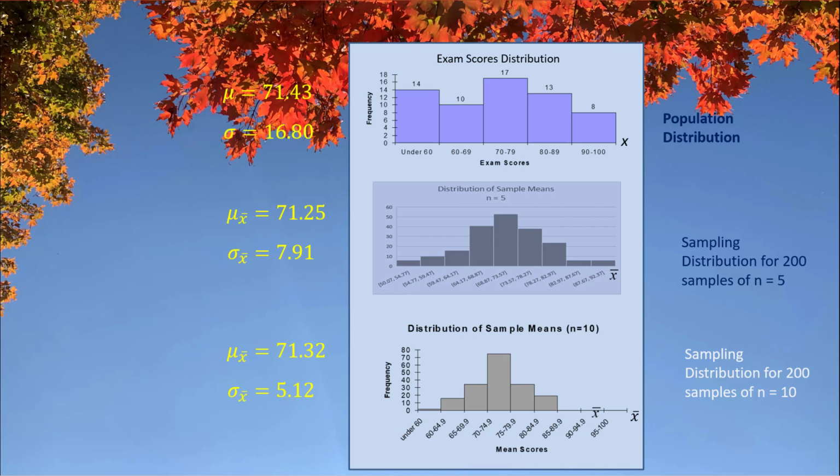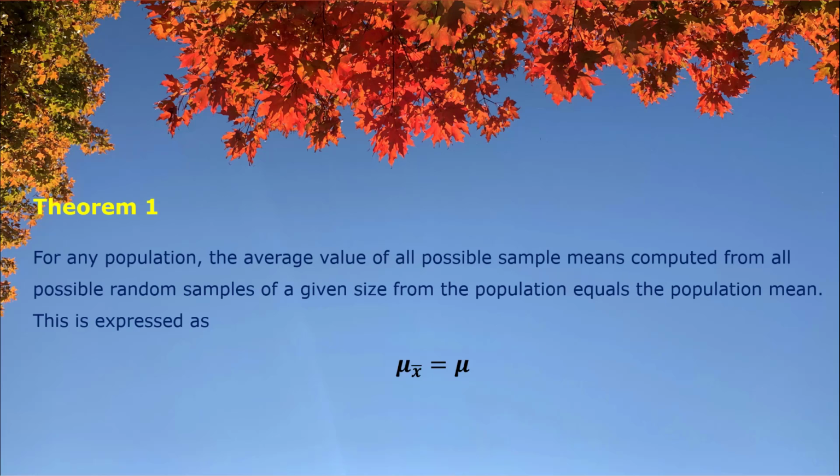The original population distribution is roughly a little bit like normal, but for size 5 samples, the sample mean distribution is pretty much like a normal distribution. And again, when the size increases to 10, the sample mean distribution moves more towards a normal distribution.